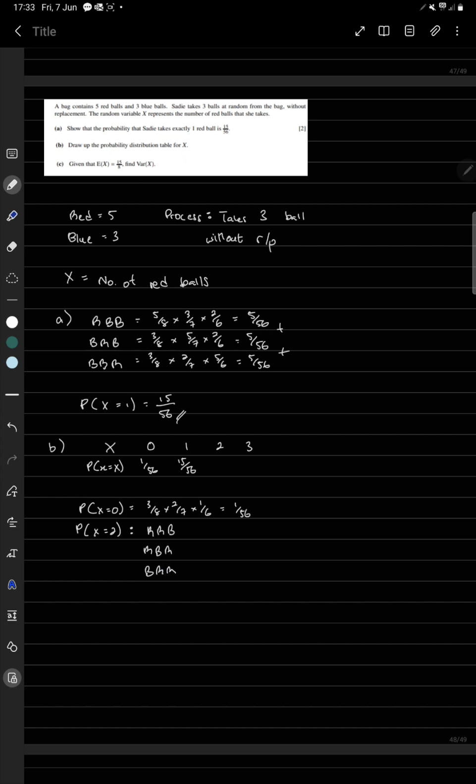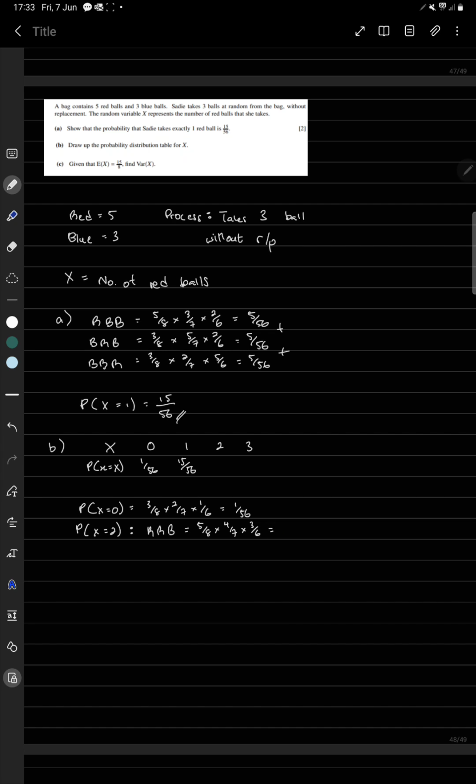You notice that all these three are actually the same, as long as they have the same amount of red and the same amount of blue. Each of these gives you the same outcome. As a shortcut, let's focus on one, and since there are 3 possible outcomes, we'll multiply it by 3. Getting a red is 5/8, next red is 4/7, then blue we get 3/6.